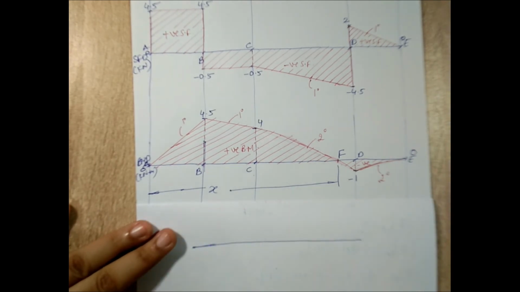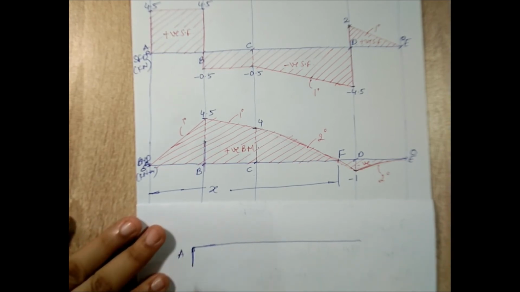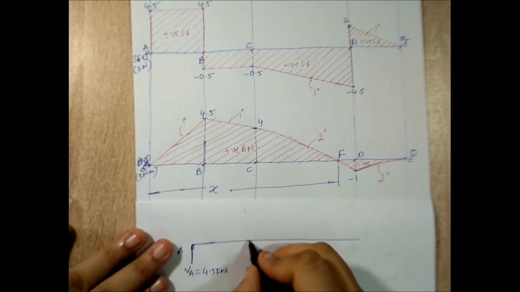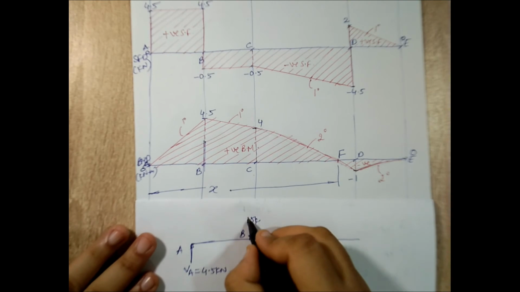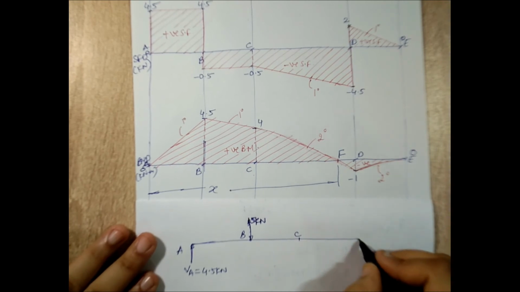I am drawing A to F. So I'll have A where there is a reaction VA 4.5 kilonewton. Next I have point B at which there is a load of 5 kilonewton. Next I have point C, and finally up to the point F.